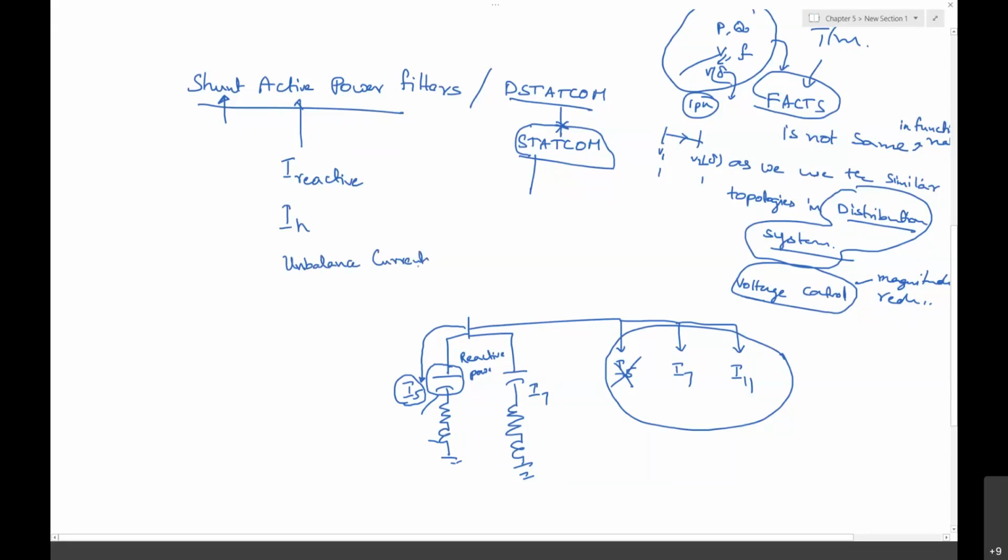These requirements can be fulfilled by only one device. In passive filters we need to design for every harmonic, but the shunt active power filter, or distribution static compensator, can be used for reactive power compensation as well as harmonic currents and unbalanced currents.